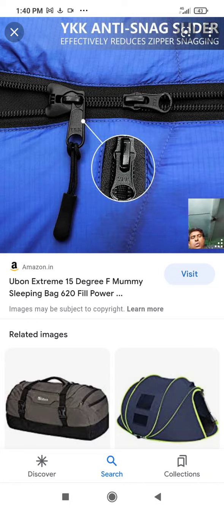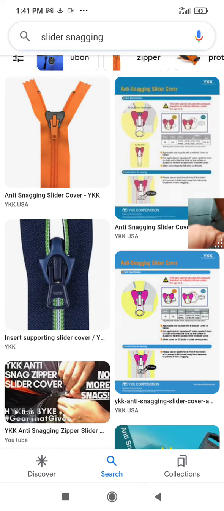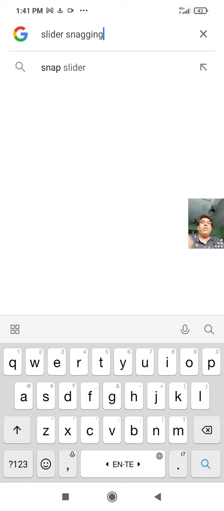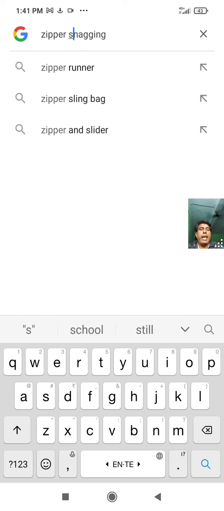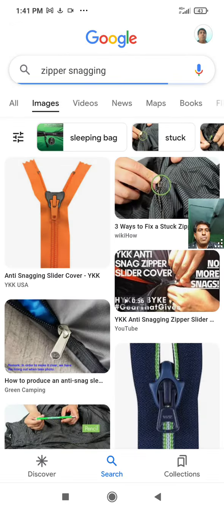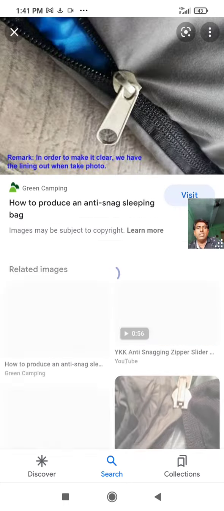So let's see this. For your and my knowledge's sake, zipper snagging. Yeah, we got it. This is snagging.